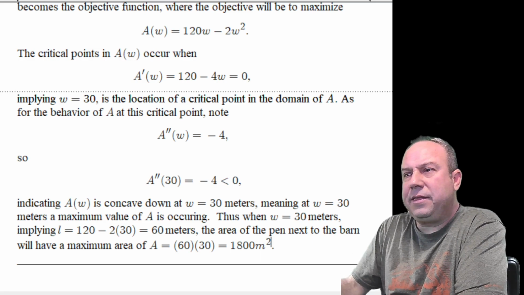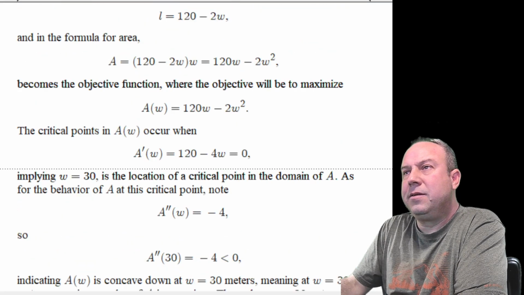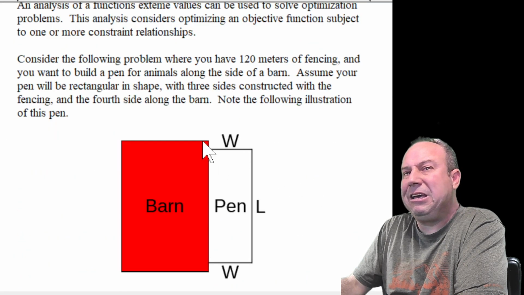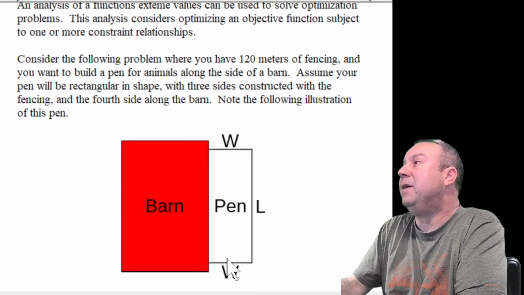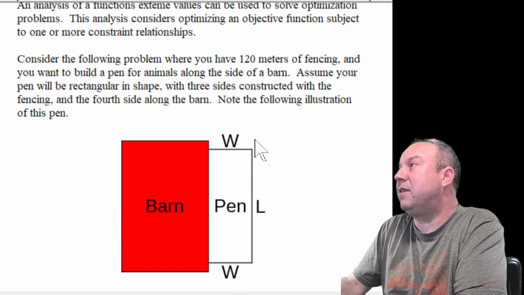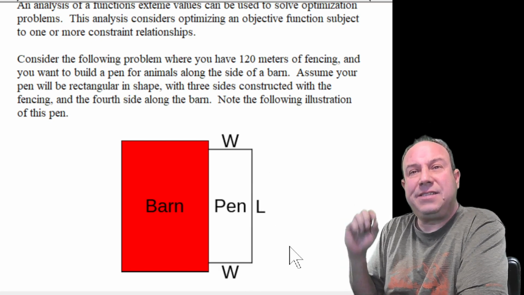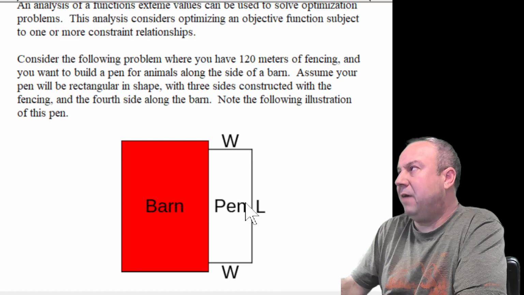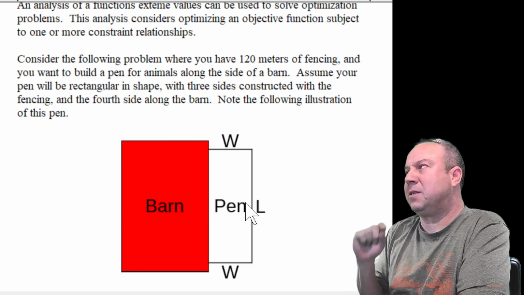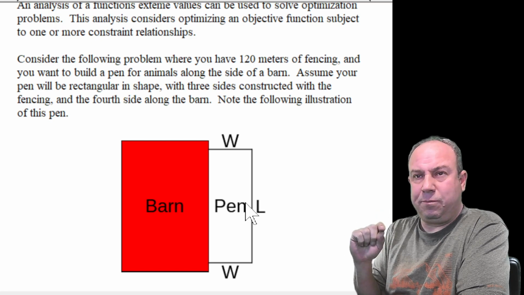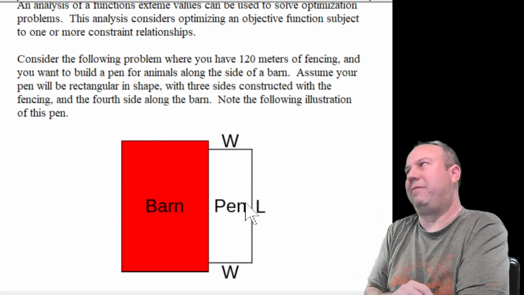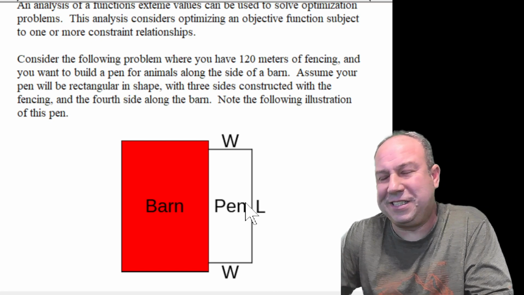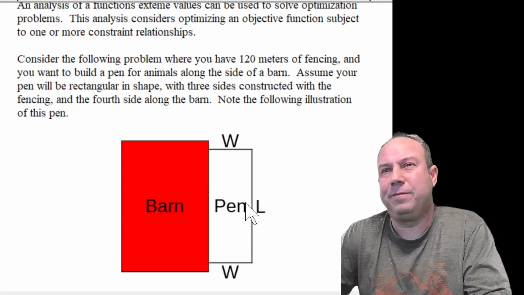When the width, the side perpendicular to the barn, is 30 meters and the length next to the barn is 60 meters, that will form a pen of 1,800 square meters with a maximum volume, or not volume, area, right? My apologies. A maximum area there.